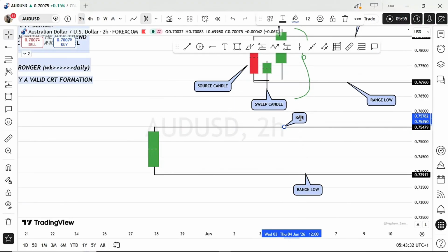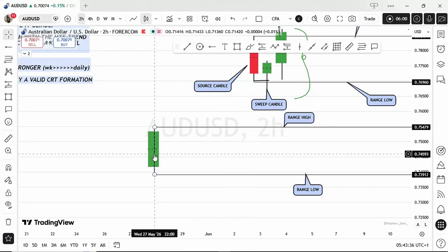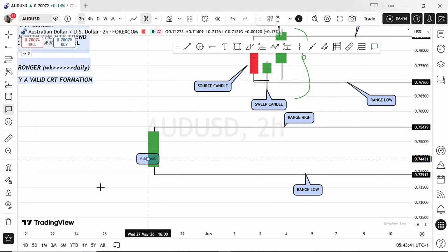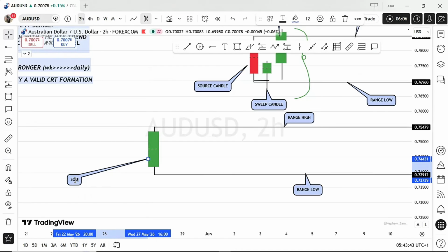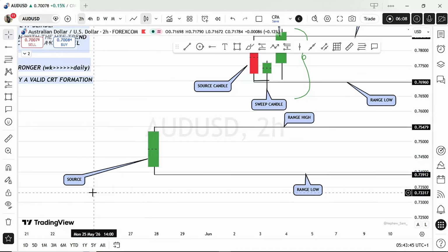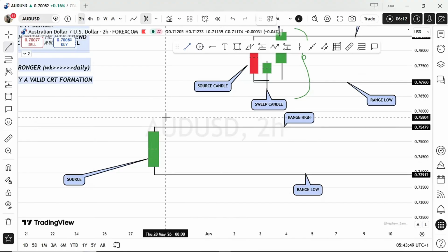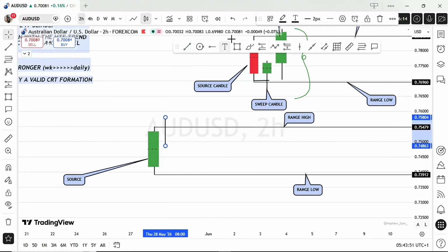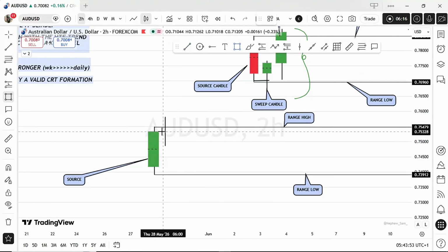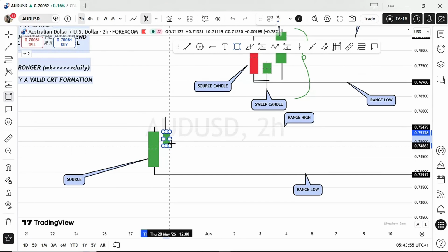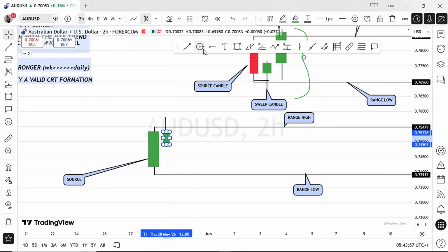This is my range high, right? So this is our source candle. We call this source, the origin of the formation. Now we have the next candle printing this way, then we have it this way, a bearish close.